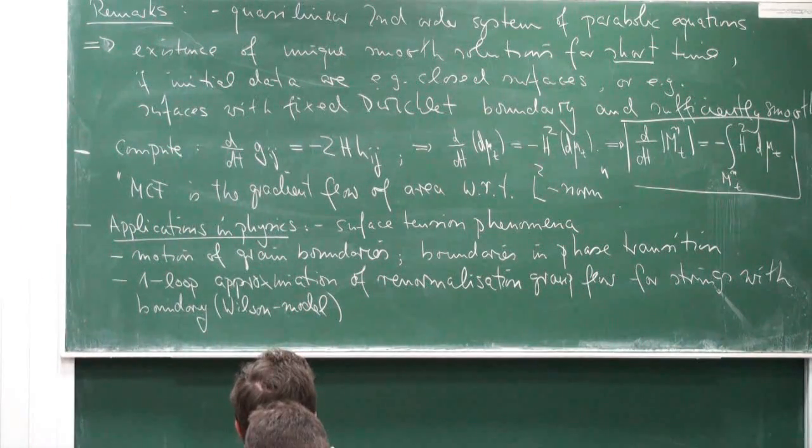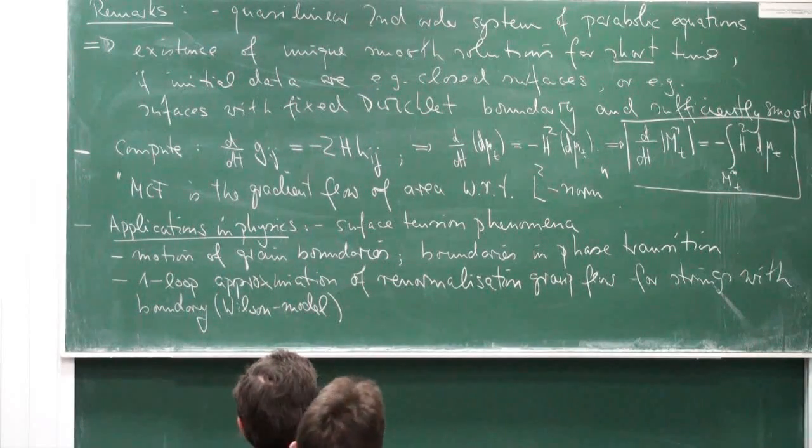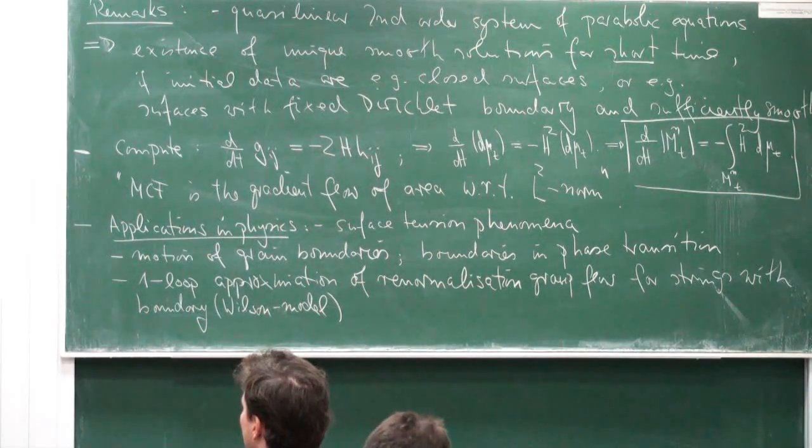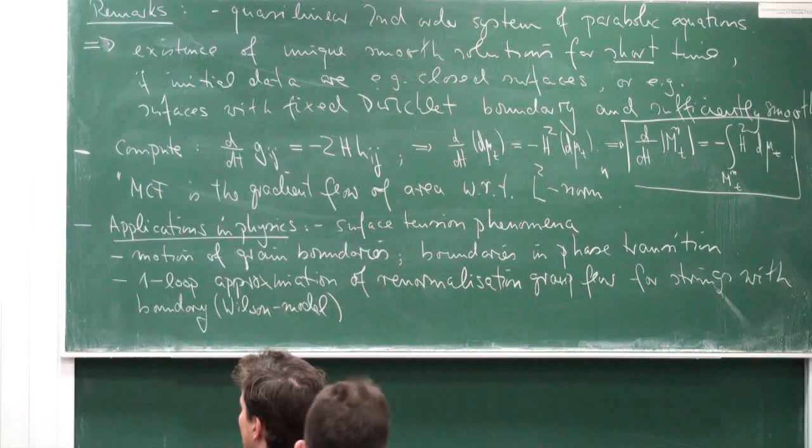This is a bit remote, but it provides an interesting link to Ricci flow, because you can also view Ricci flow as the one loop approximation of renormalization group flow of closed strings within the Wilson model.